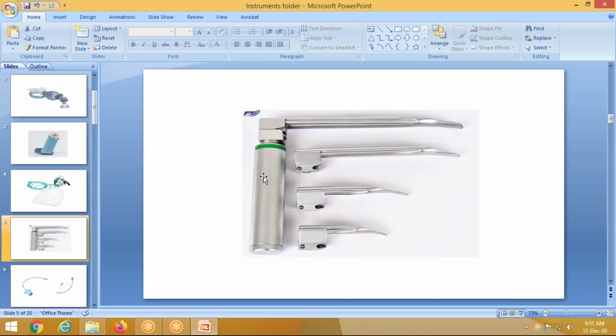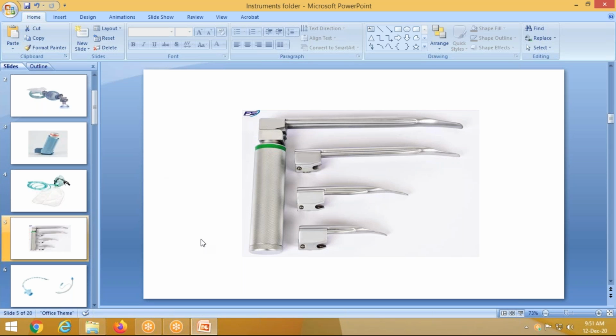These are the laryngoscopes. These are the different sizes and lengths; this is the laryngoscope body and these are the blades. Different sizes of blades are there. On these blades it will be marked like 0, 1, 2 and 3. There might be straight blades also and curved blades. These are all the straight blades I am showing you.